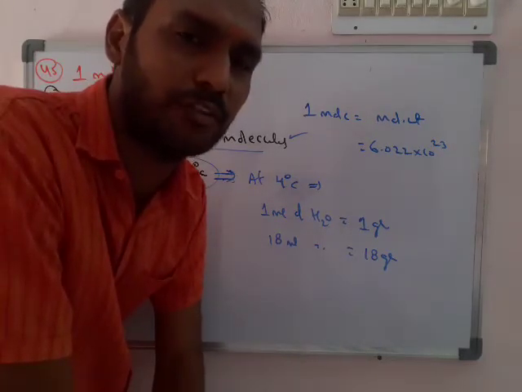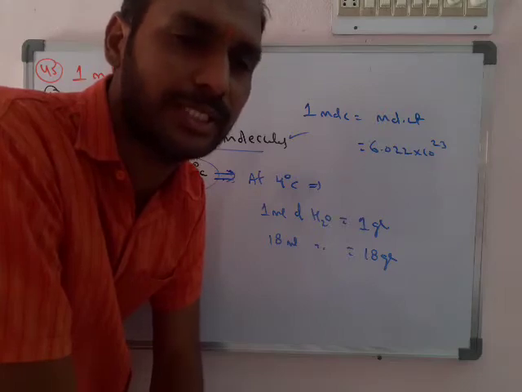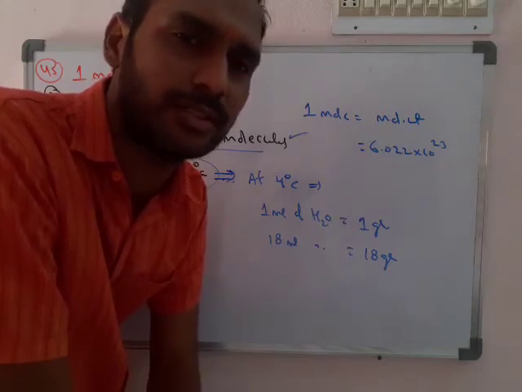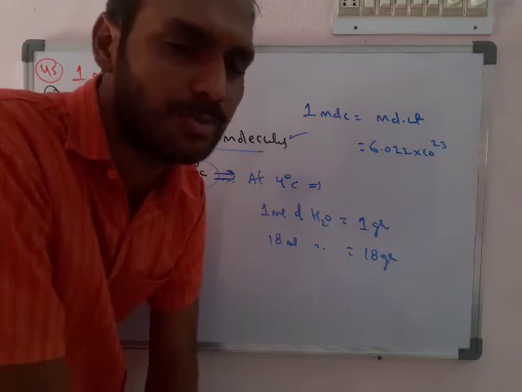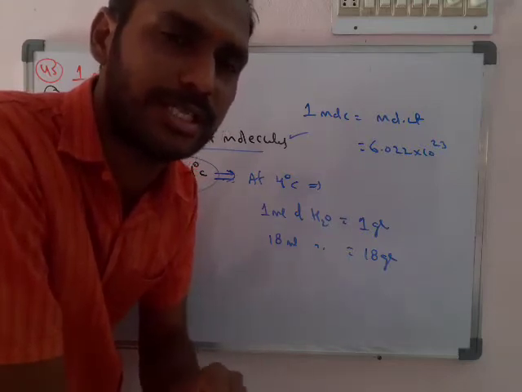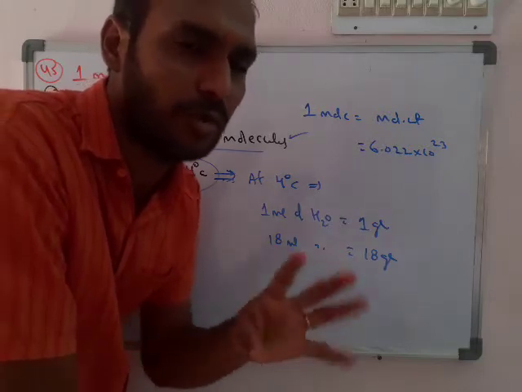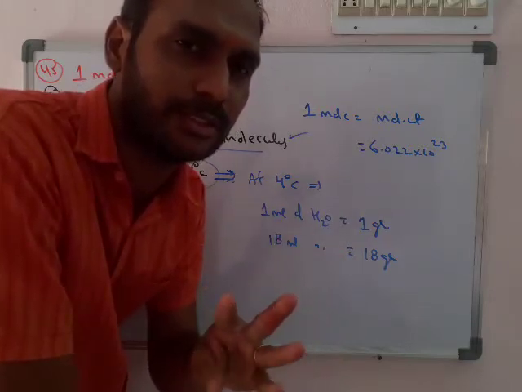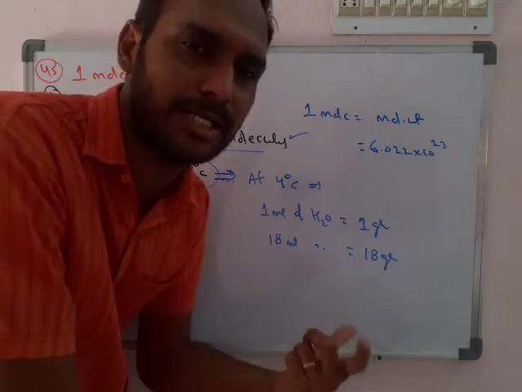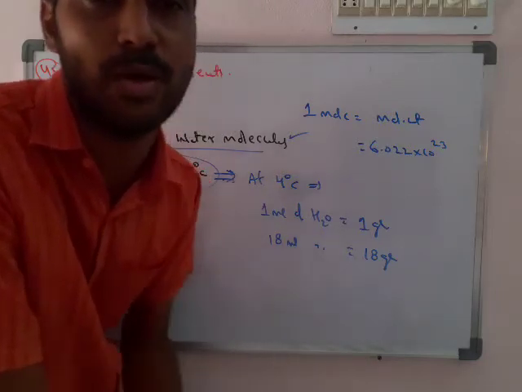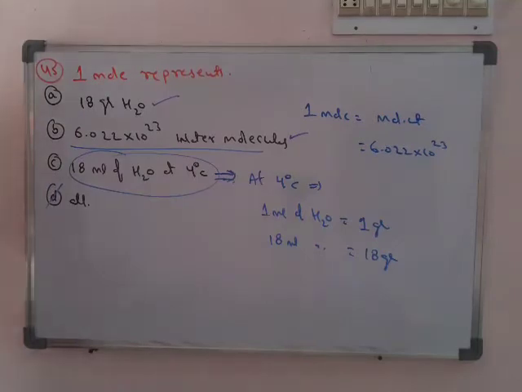I think you will get the details of water at 4 degrees Celsius in physics. But what we need is that at 4 degrees Celsius, for water 1 ml equals 1 gram. Since 18 ml of water is given, it is 18 gram. 18 gram means molecular weight, so that is 1 mole.